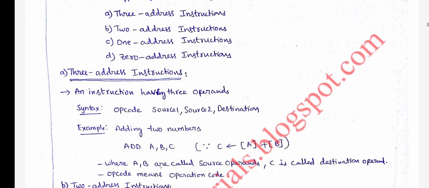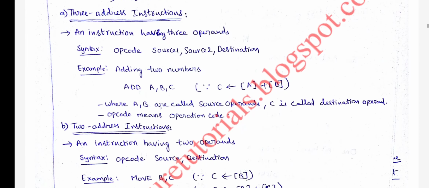Let us see the first one, three address instruction. An instruction having three operands is called three address instruction format. Syntax.